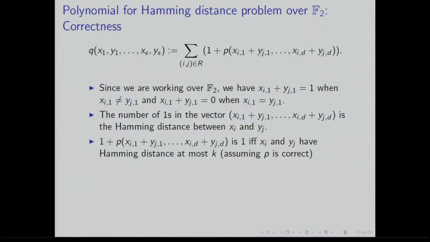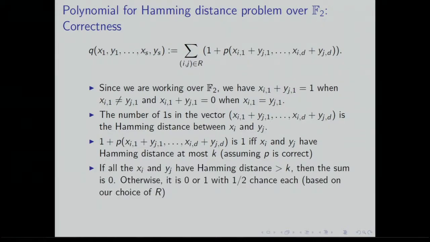And that means that, assuming p is correctly evaluating the threshold function on this instance, p evaluated at that sum is determining whether the Hamming distance between them is at least k plus 1. So 1 plus that is 1 if and only if the two vectors have Hamming distance at most k.